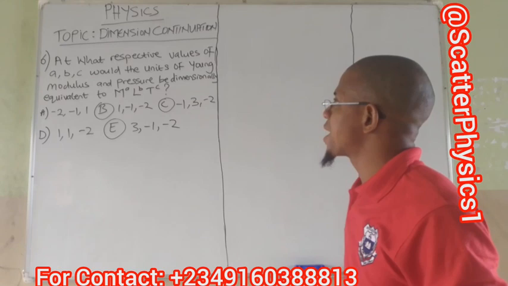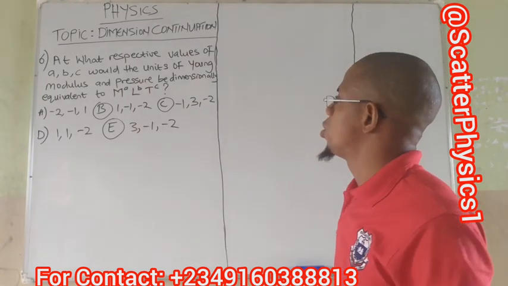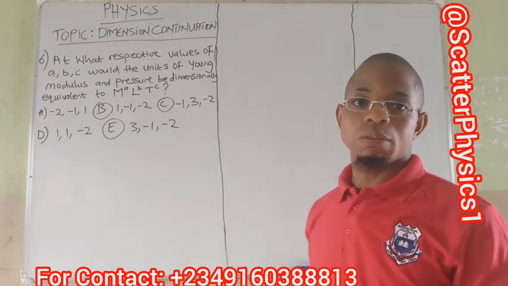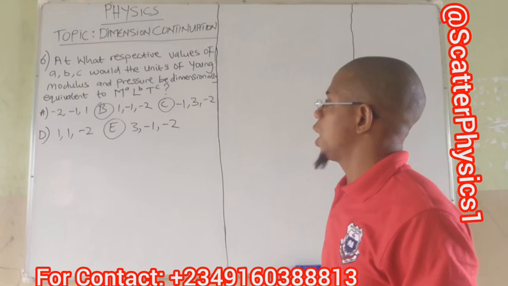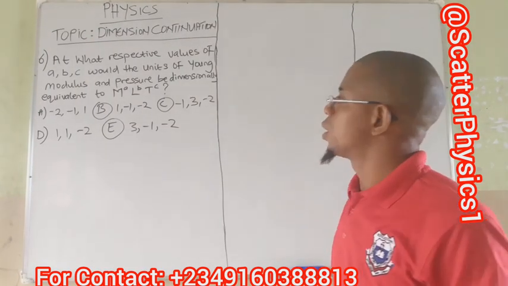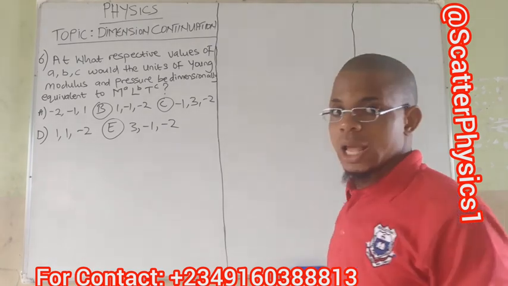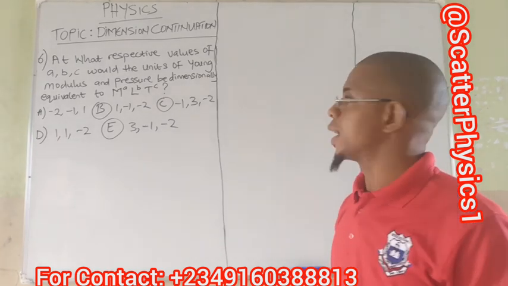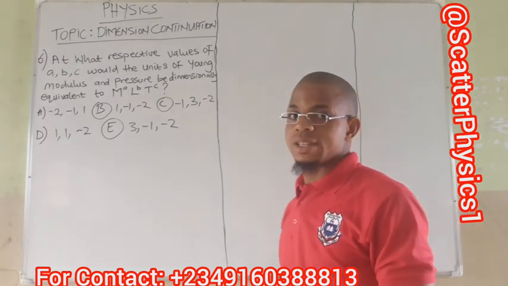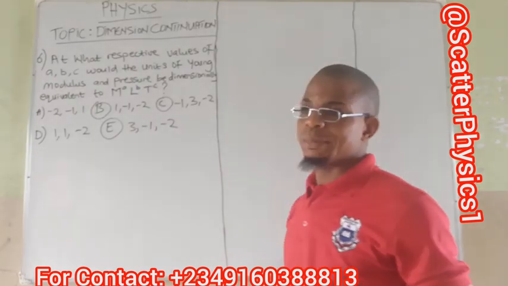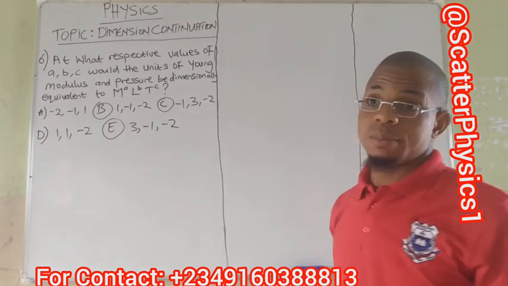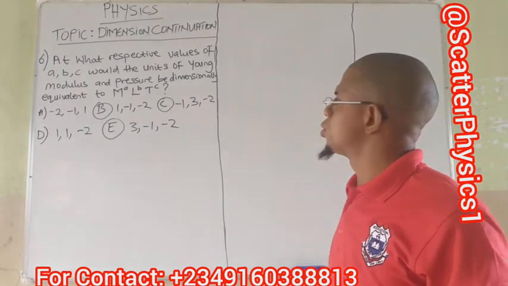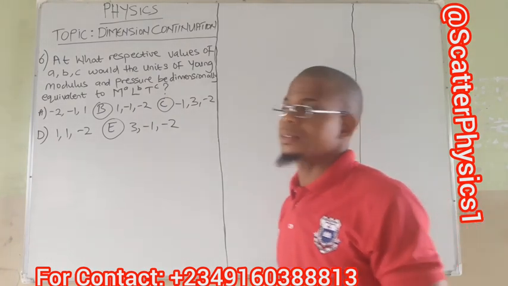So let's dive into what we have. At what respective value of A, B, C would the unit of Young's modulus and pressure be dimensionally equivalent to M raised to power A, L raised to power B, and T raised to power C? This is similar to what we solved in our number 4 question.